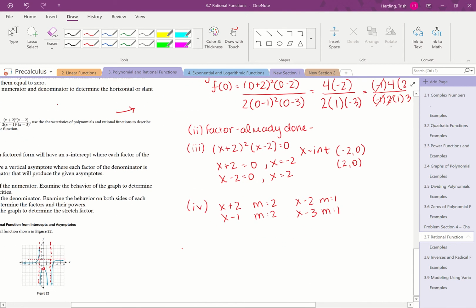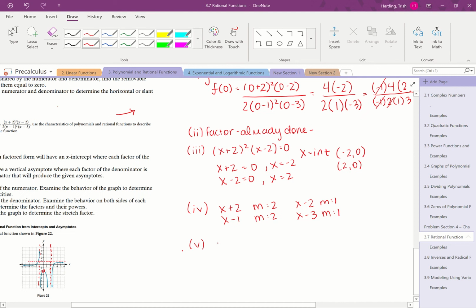So now we're going to work on vertical asymptotes. That is anything in the bottom of our rational function that is not a common factor with the top. Remember, if it's a common factor and it can cancel out, we will need to note that as a removable discontinuity, but we don't have one. So our factors on the bottom are x minus 1 and x minus 3.